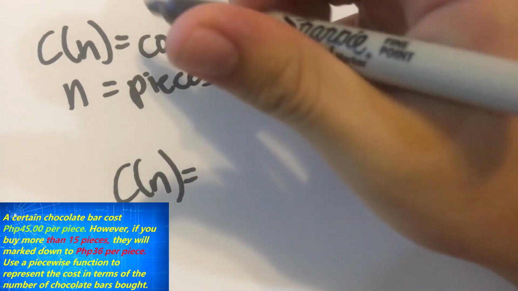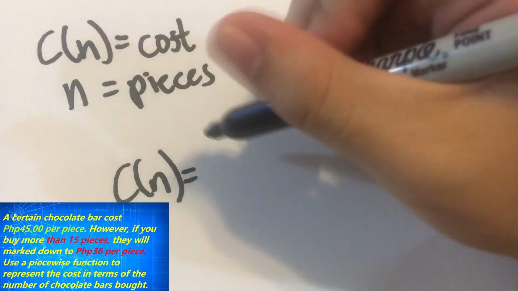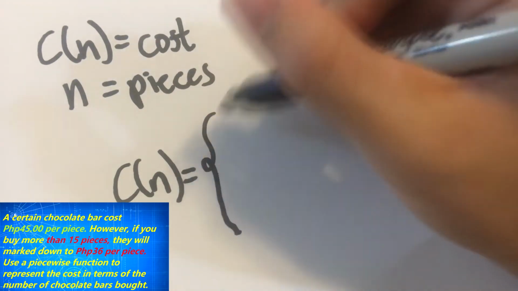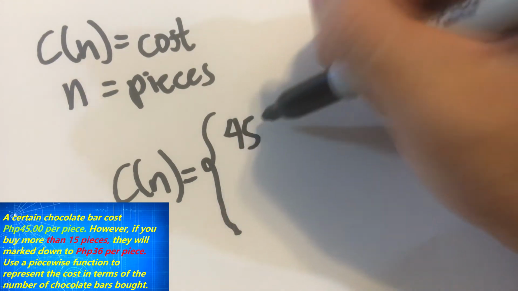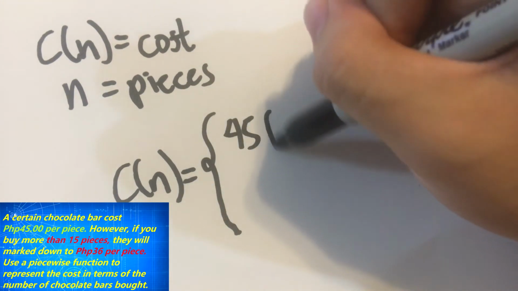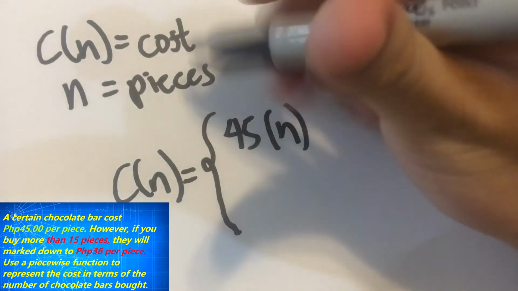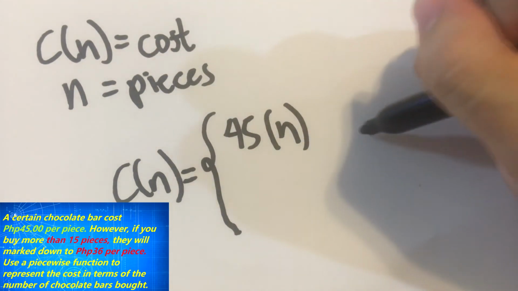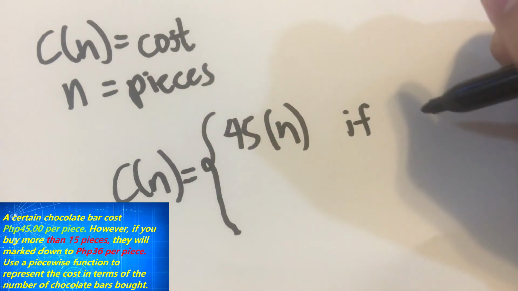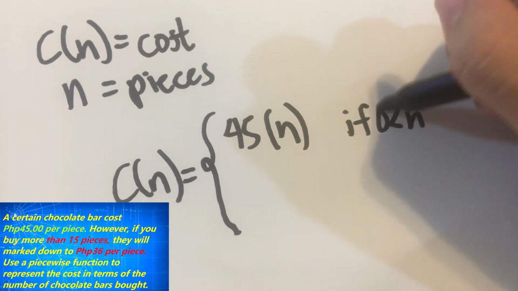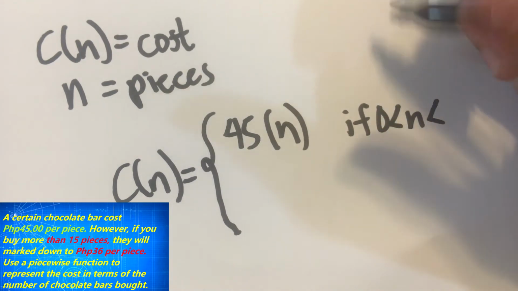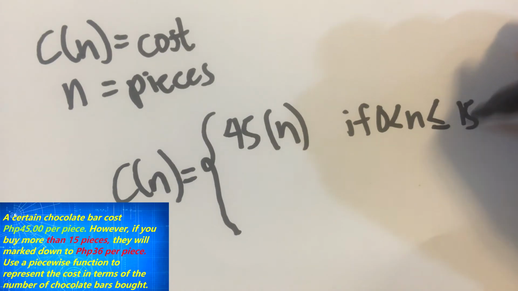So C of n, the price is 45 pesos per piece. So we need to just multiply the 45 pesos by the number of chocolates that you will buy, here, n, if the number of chocolates is greater than 0 or less than or equal to 15 pieces.